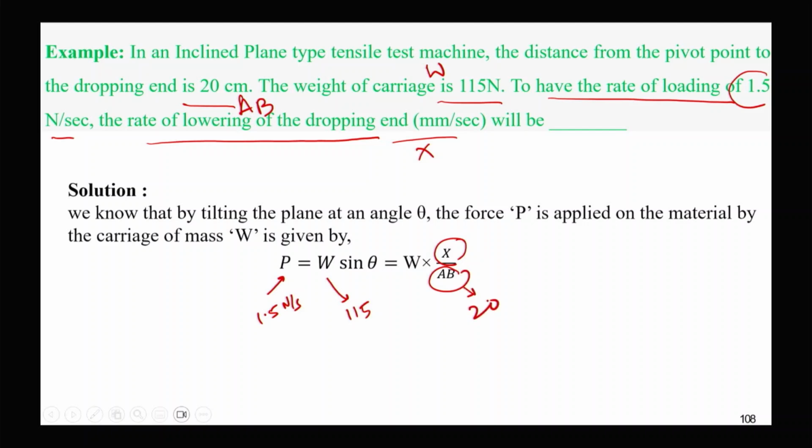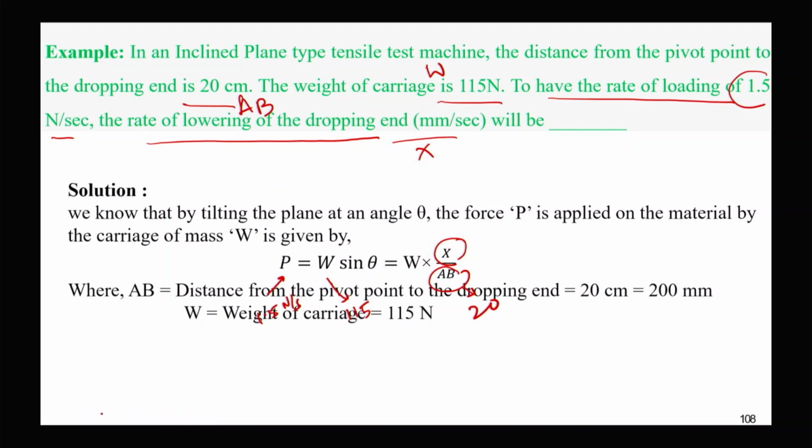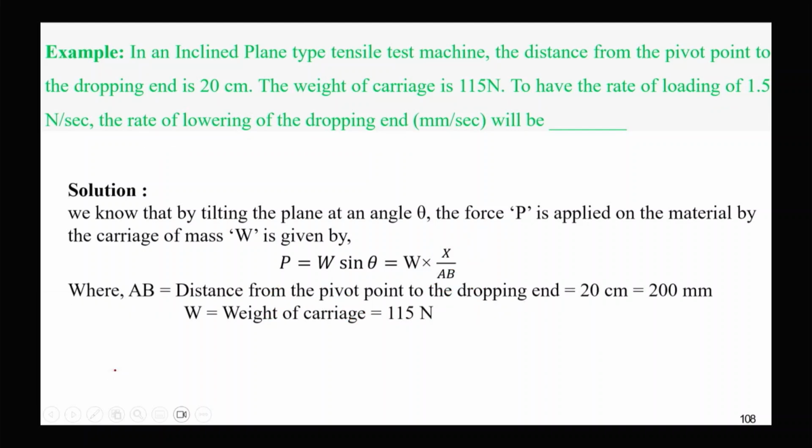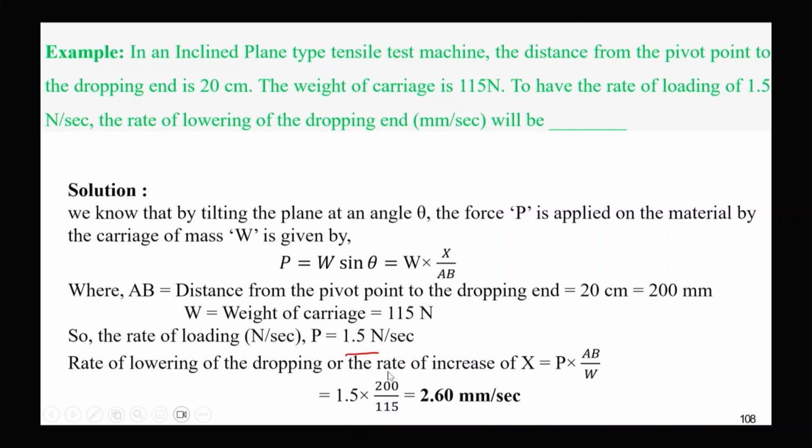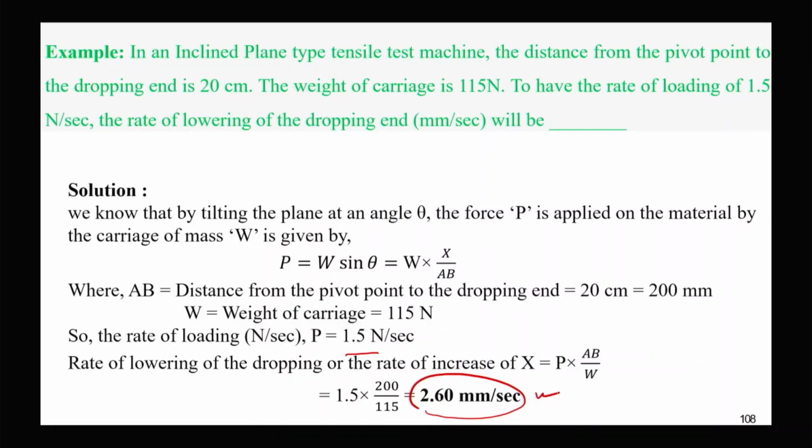From this we can calculate the value of x. So it's given here. P is 1.5 Newton per second and x we will get, that is 2.6 millimeter per second. So if we drop the dropping end at 2.60 millimeter per second, you will be able to achieve the rate of loading of 1.5 Newton per second.